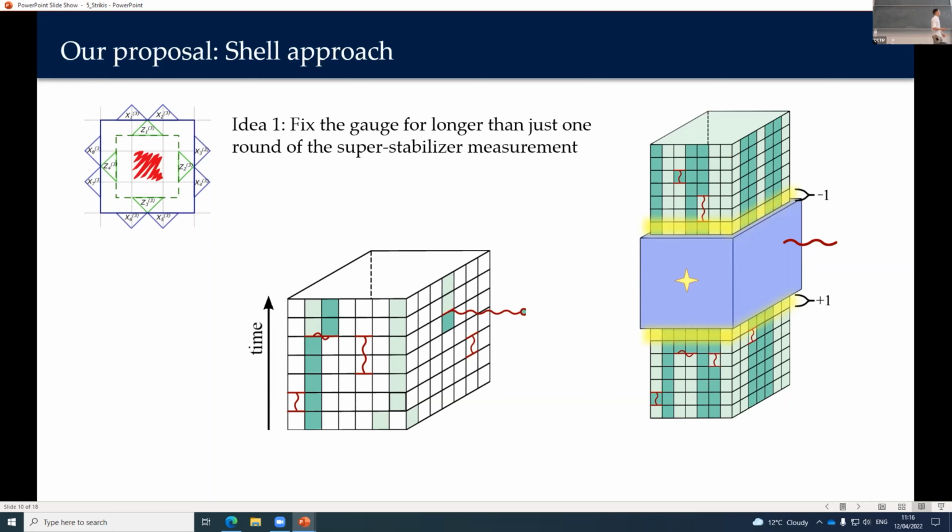But what we can compare is that just before the shell, as we call these things, of the X shell, the stabilizer is in the +1 eigenvalue, and then the stabilizer is in the -1 eigenvalue. By comparing these two values, we can infer that some error has terminated at the smooth boundary in the time while we were not measuring the Z superstabilizer.